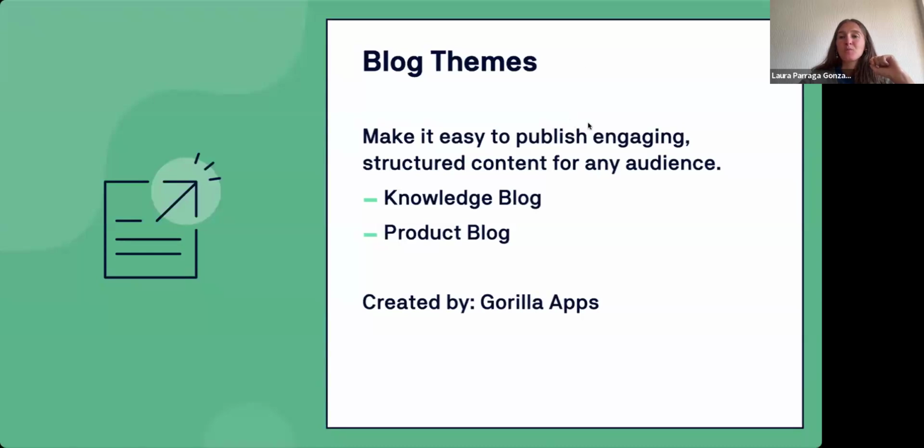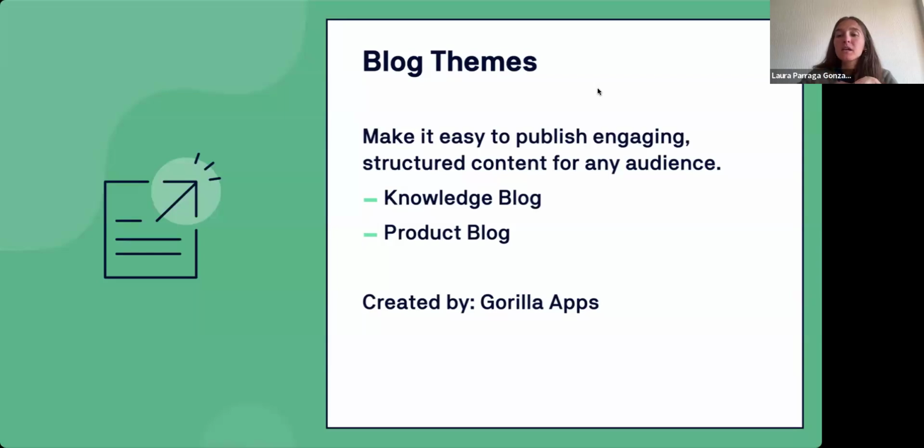The second theme was developed by our friends at Gorilla Apps. It's a blog theme. So as the name says, it's a theme that will help you publish engaging, structured content for any audience. So whether you're sharing product updates, release notes, expert insights, this theme is actually 2-in-1. There are 2 variations.